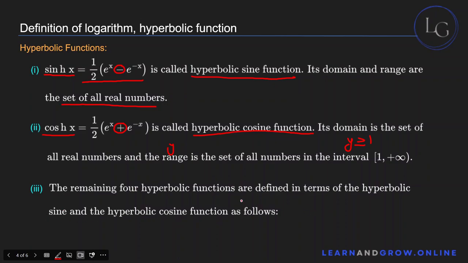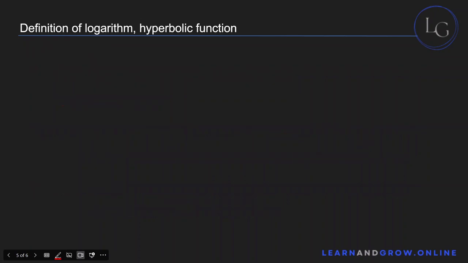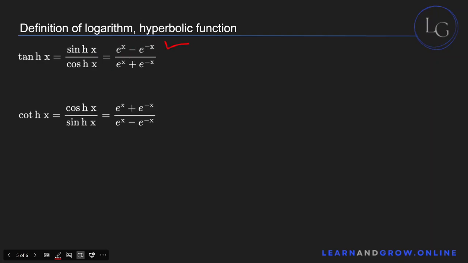For example, tan hyperbolic of x is basically just equal to sine hyperbolic of x over cosine hyperbolic of x, just like you had it in the trigonometric functions. And once you simplify it down, you get this. Cotangent hyperbolic of x is just the reciprocal of tan hyperbolic of x, so you just flip it and take the reciprocal.